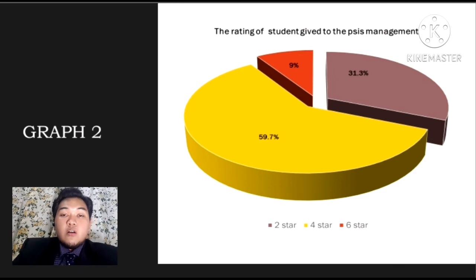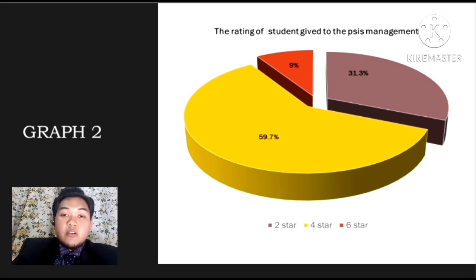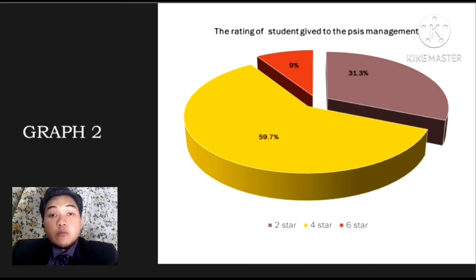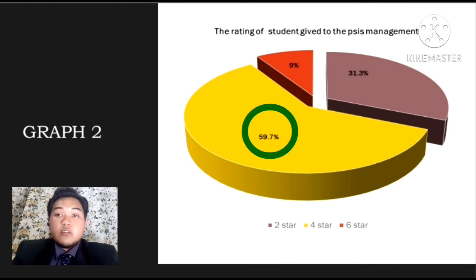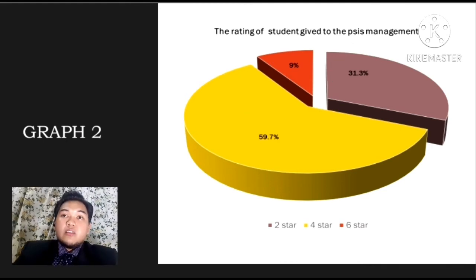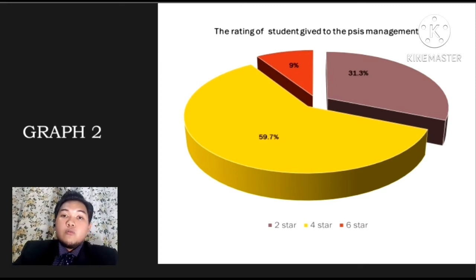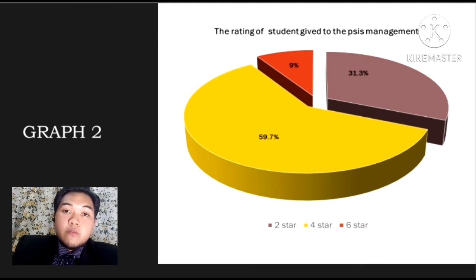As a comparison, 4 star versus 6 star, it can be clearly seen that exactly half of students give a 4 star rating to the Psis management because of their experience. The second comparison is 4 star versus 2 star, whereas less than a 10th of students give a 2 star for Psis management compared to those who give a 4 star, because most of the students are complacent with the Psis management.